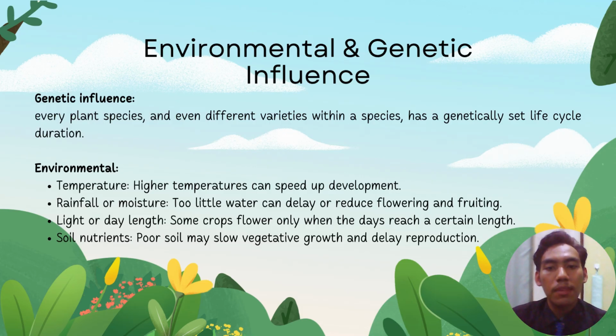Some crops flower only when the day reaches a certain length. Lastly is soil nutrients. Poor soil may slow vegetative growth and delay reproduction. These factors interact with the genetics to determine how fast and successfully a plant grows.